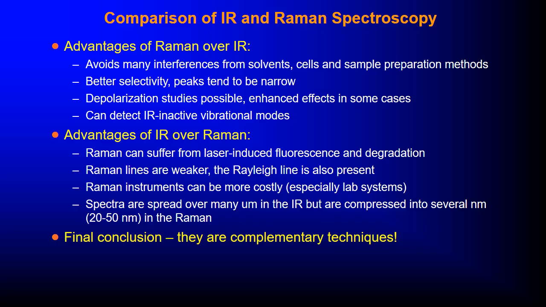Spectra are spread over many micrometers in the IR, but are compressed into several nanometers in the Raman. So that is also an issue. So final conclusion, they are complementary techniques. We cannot say that one is better than the other, because in most cases what Raman does best, IR does not do best.